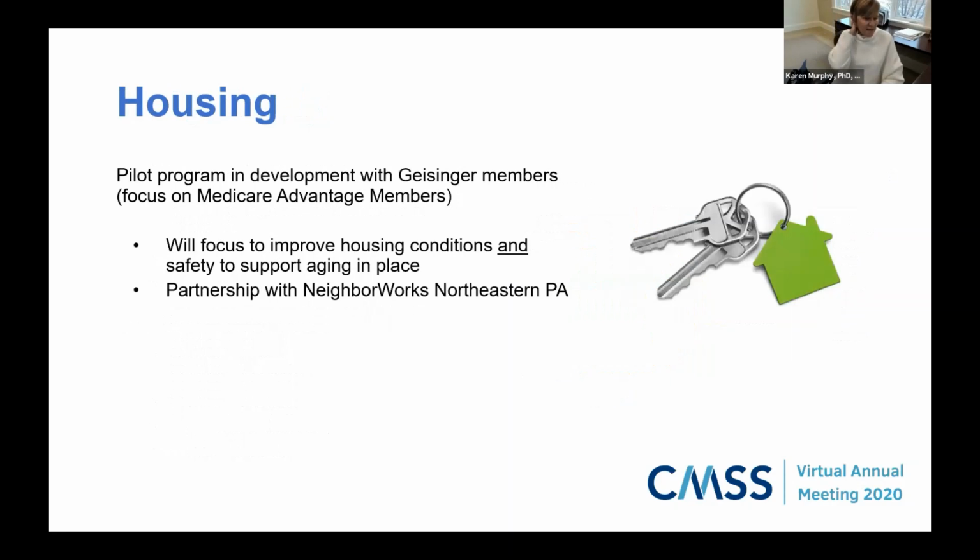So I thought I'd take a minute and go through some of the programs that we are piloting. We have several programs in social determinants of health, and I've picked out a few that I'd like to talk about. The first is housing.